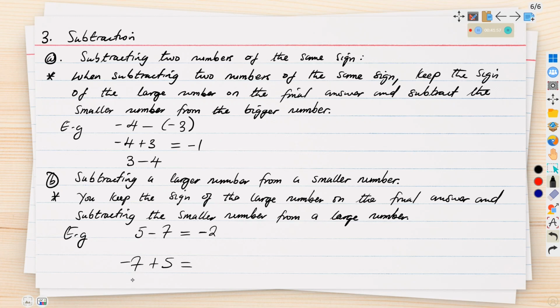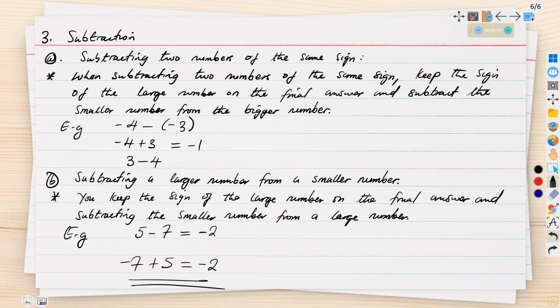So you can rearrange it in this way, or you can say this looks like the addition of numbers of opposite sign, but it is still the same as this one. So if it is like this, you just keep the sign of the large number, then you say 7 minus 5 is 2. That's how these things go. It is very, very important that you know these things.